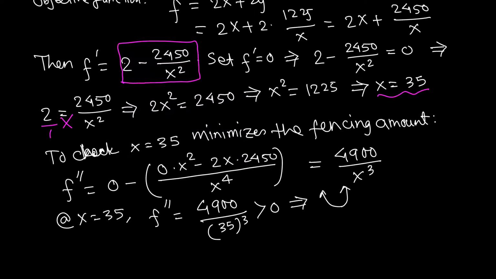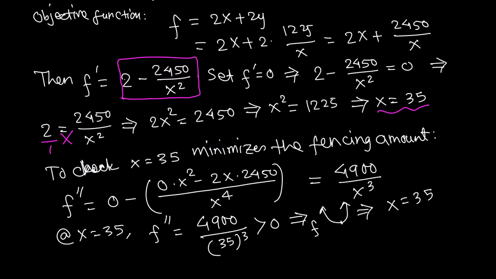So this critical number will be the minimum. That means x equals 35 makes the objective function minimum. This is not the minimum value, but this minimizes whatever the objective function is.